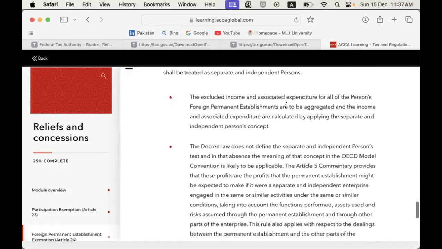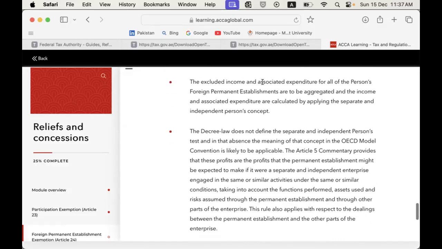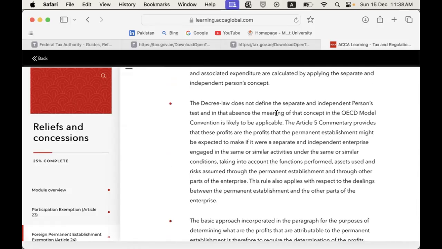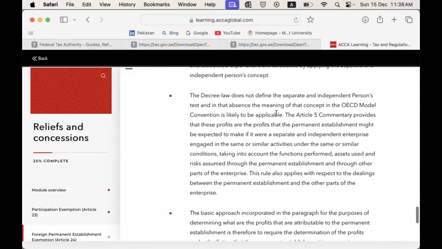So we have to look at them as separate persons. The excluded income and associated expenditure for all of the person's foreign permanent establishments are to be aggregated, and the income and associated expenditure are calculated by applying the separate and independent persons concept. Is it a pick and choose method, or do we need to include or exclude all foreign permanent establishments?